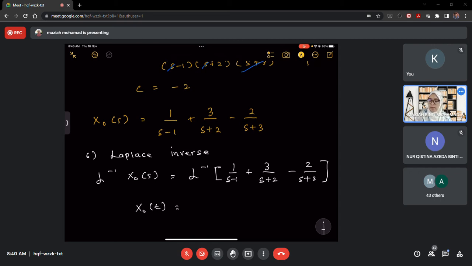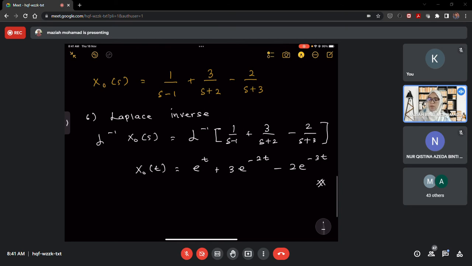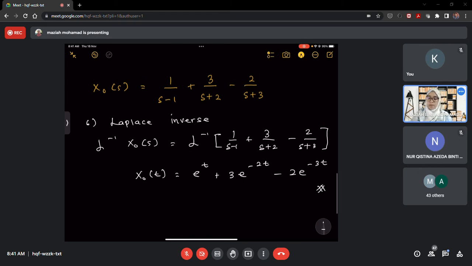So 1 over s minus 1 is e to the t, plus 3 e to the negative 2t, minus 2 e to the negative 3t. So that will be the time response equation. Right? Okay. All right. I think it's straightforward.